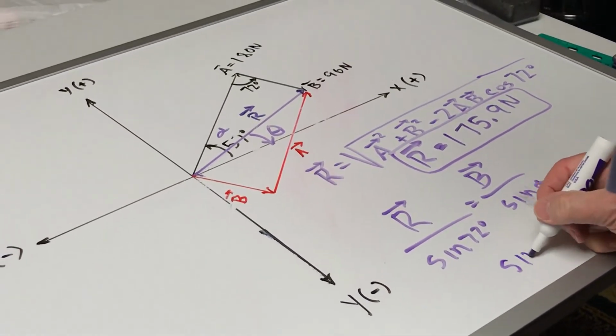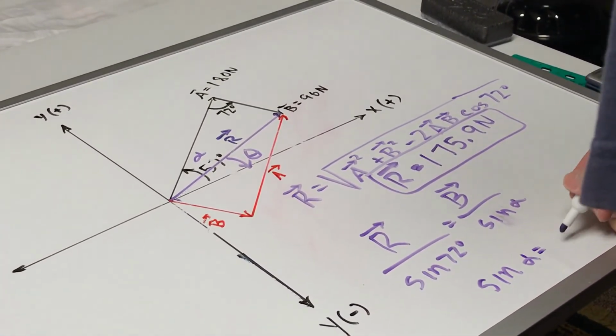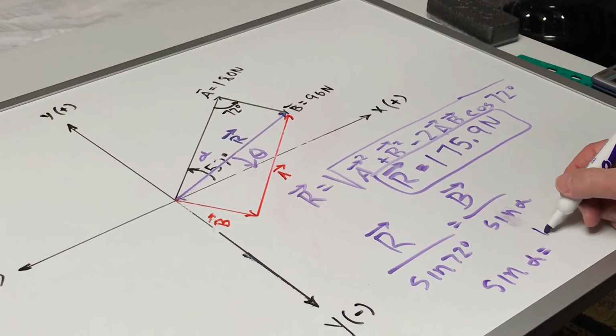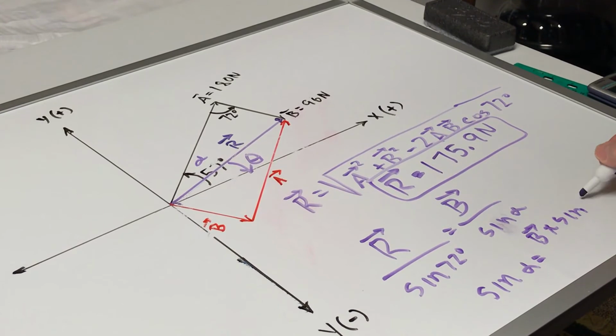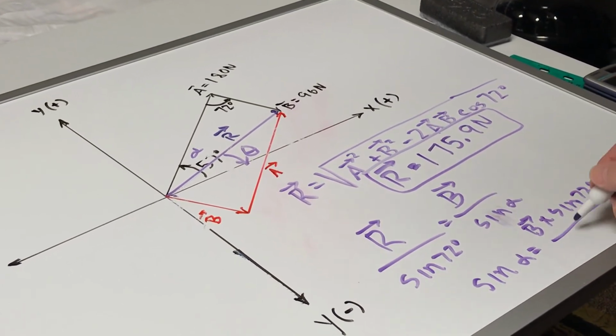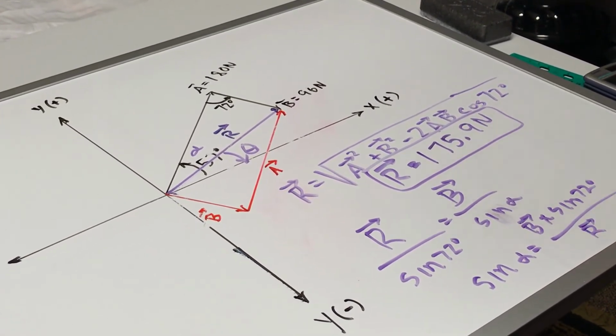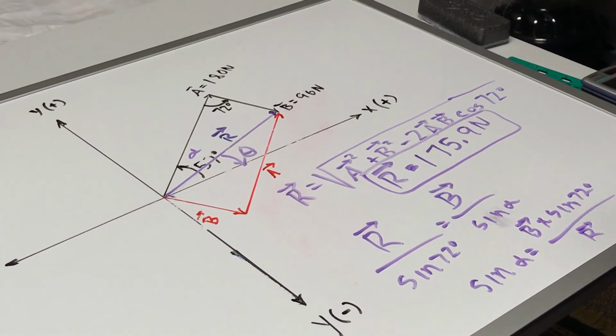And we can cross multiply and find out that the sine of alpha is equal to vector B times the sine of 72 degrees divided by vector R.